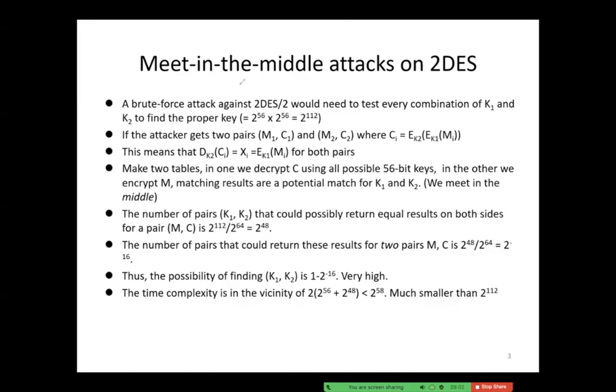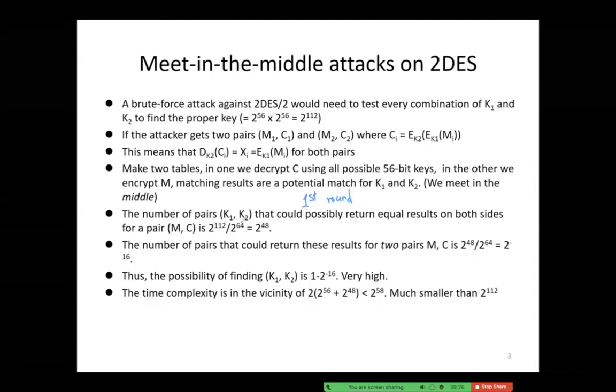This is how many pairs in the first round, how many pairs of candidate keys. So remember, to begin with, there will be this many keys, but each block is 64 bits, right?